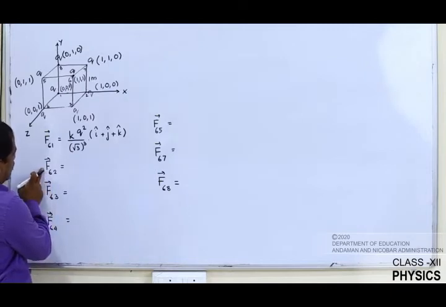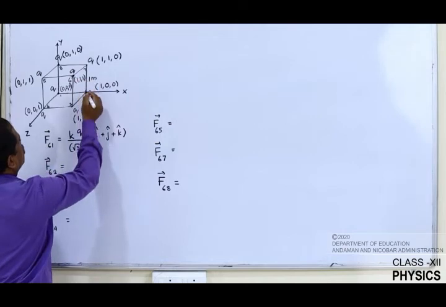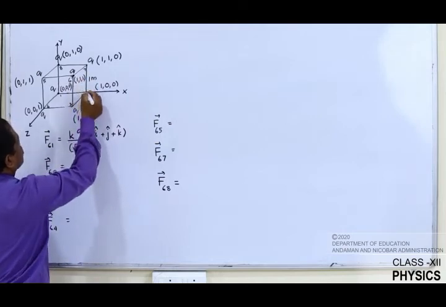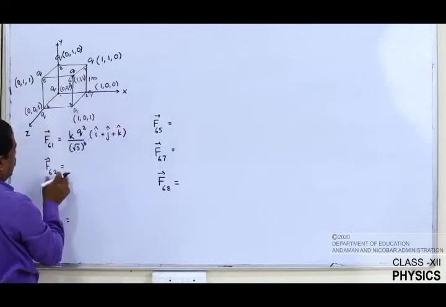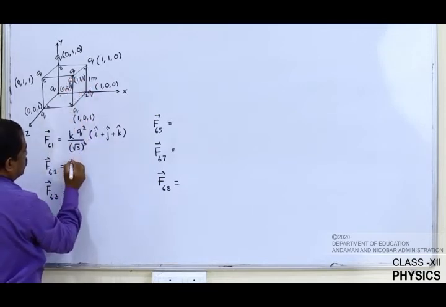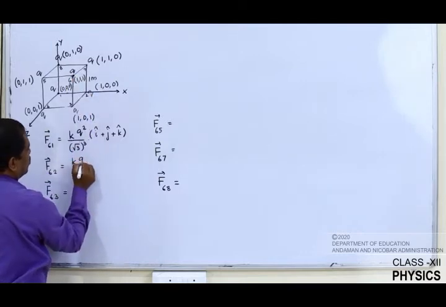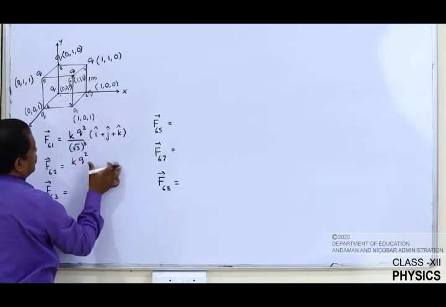Next force is F62. So 6 is this charge, 2 is this charge, and this distance. Let us try to calculate now. See, this force will be equal to k into the product of the two charges, q into q is q square, into the vector.